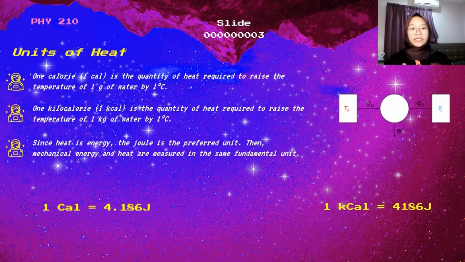Then, mechanical energy and heat are measured in the same fundamental units. As general knowledge, the value of 1 calorie is 4.186 joule, or it can also be written as 1 kilocalorie is equal to 4,186 joule.